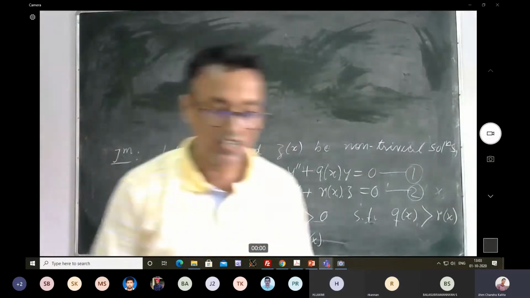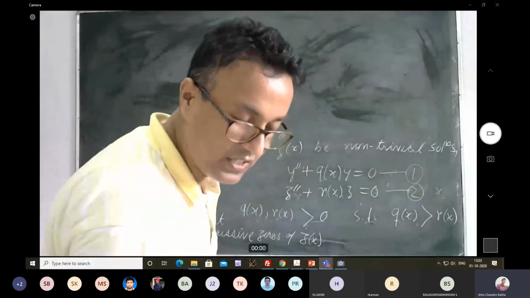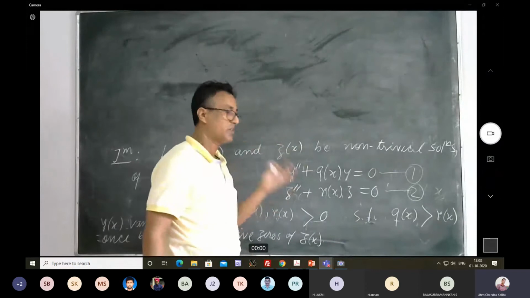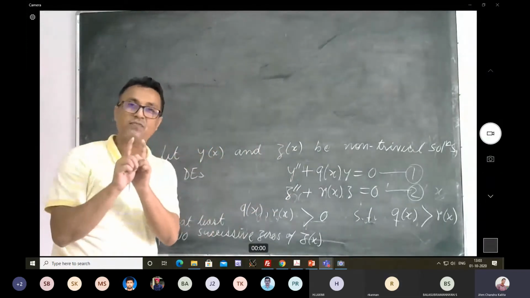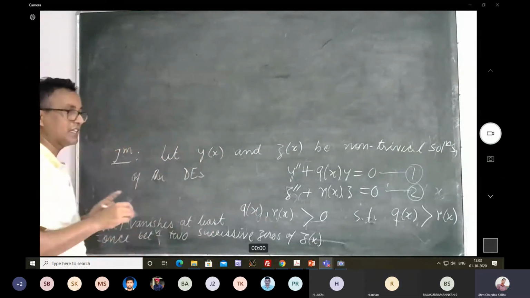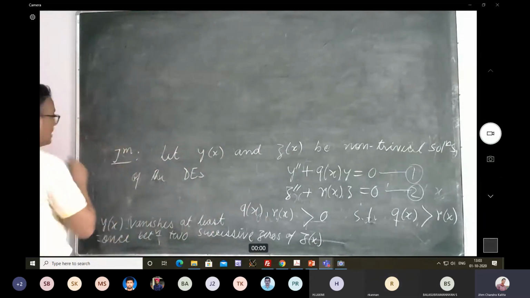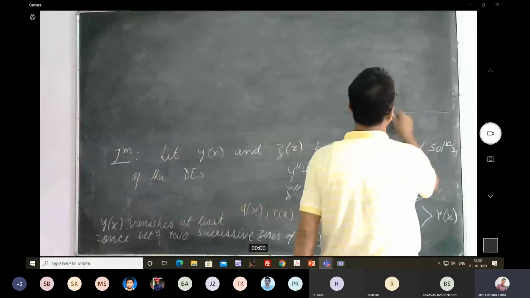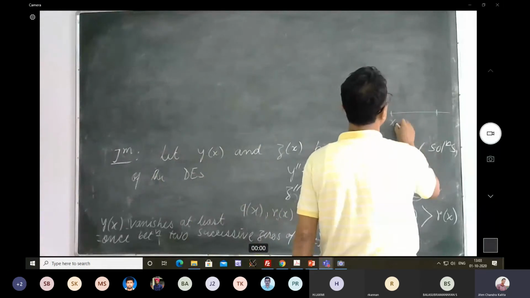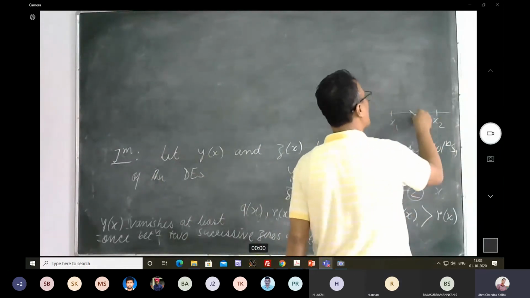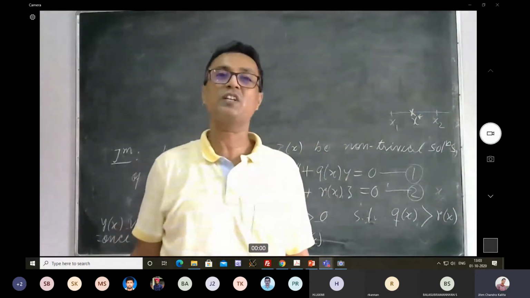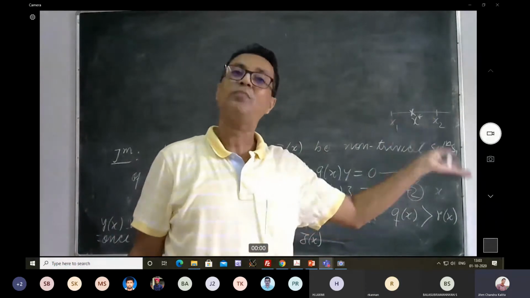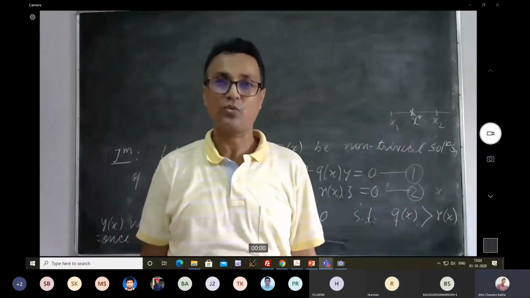The only difference here is that now we are considering two different differential equations, and I am considering their solutions. That is the first difference. The second difference is that earlier, if you recall what I did yesterday, between two successive zeros of one of the linearly independent solutions, there was only one zero of the other.